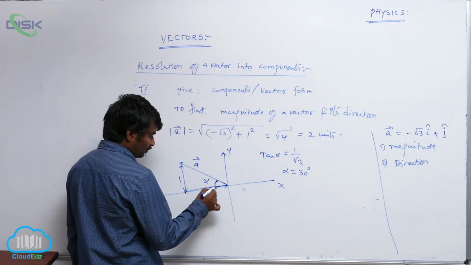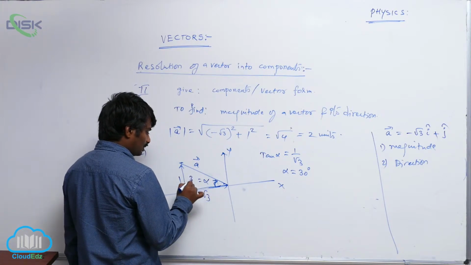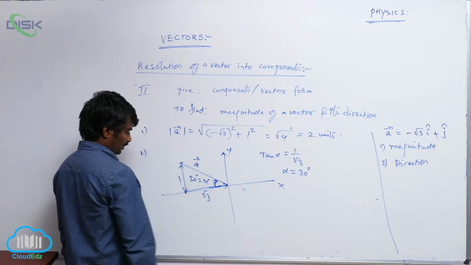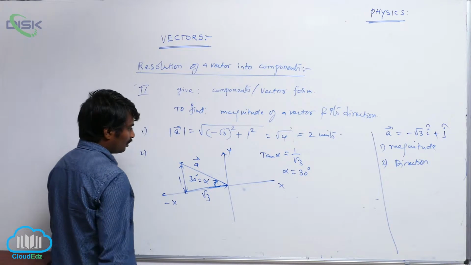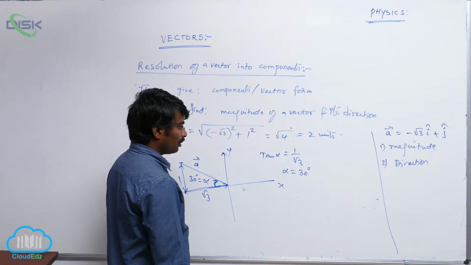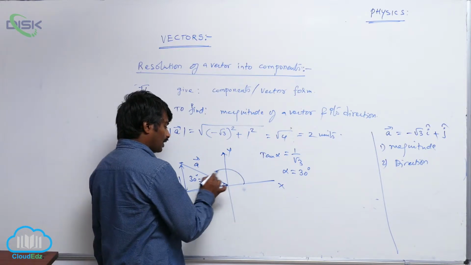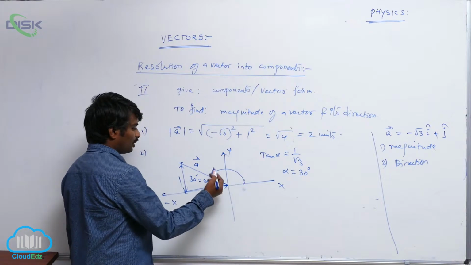So if you start from positive x axis, this 30 degrees is clockwise with negative x axis. Sorry, it is negative x axis. But direction means, by convention we have to give the anti-clockwise angle with the positive x axis only. If it is 30 degrees, this will be 150 degrees.